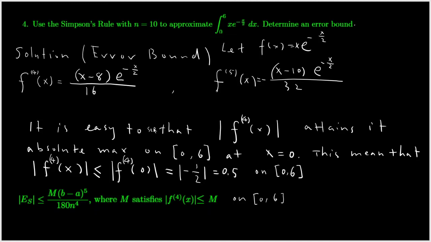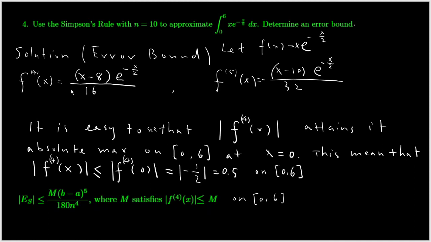Now, using very similar arguments to those in question 3, we can see the absolute value of the fourth derivative of the function attains its maximum when x is equal to 0.